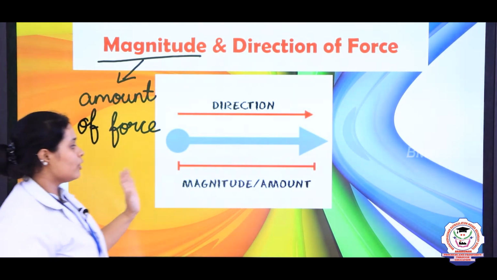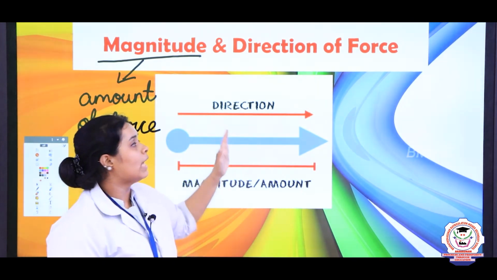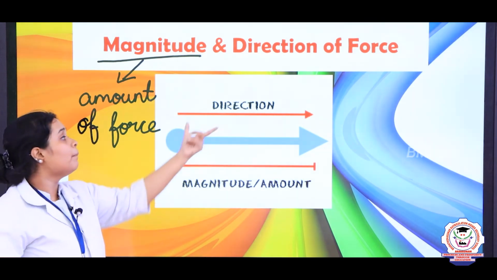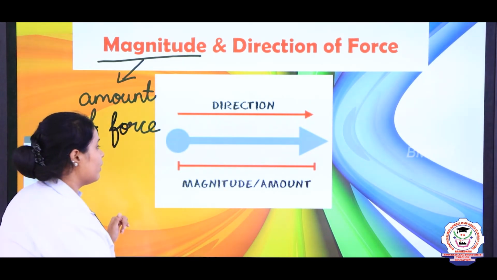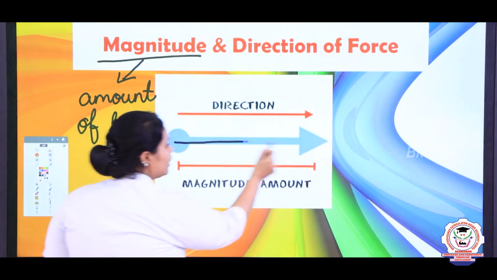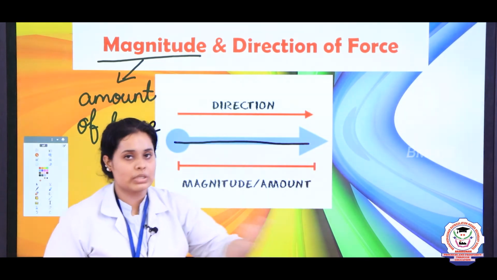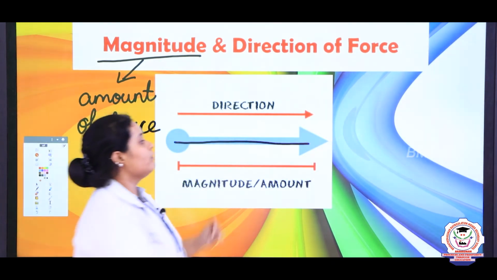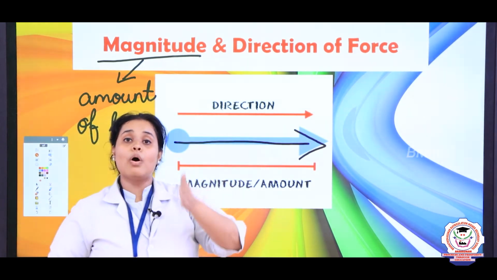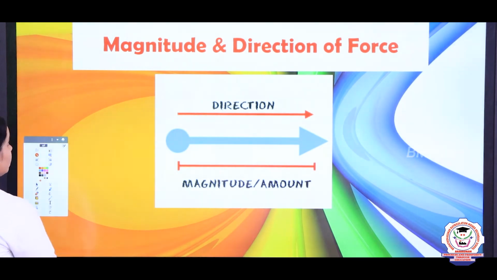Same way, the force will be applied in a particular direction only. Just see the image, children: the longer the arrow, the larger the amount of force required. Wherever there is an arrow, that shows the direction of the force applied, okay, yes.